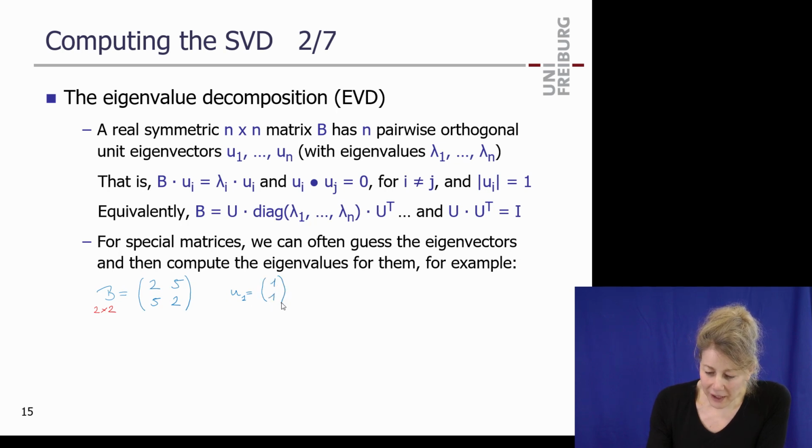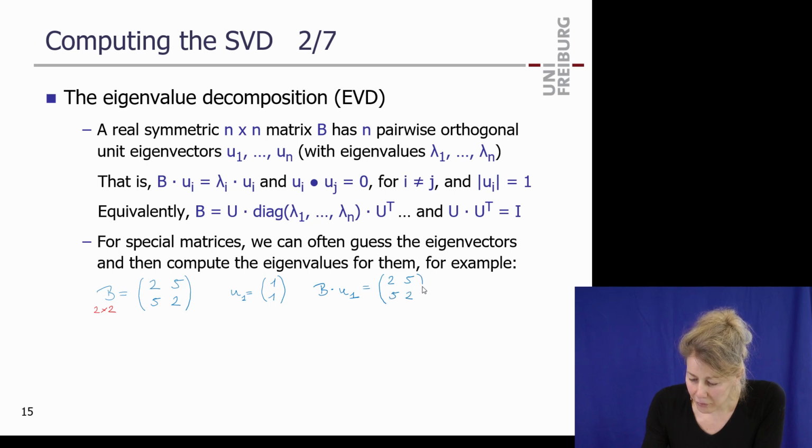Why is that an eigenvector? The definition is written above: you multiply the matrix with the vector, B times u1. Let's write it down in full: (2, 5; 5, 2) times (1, 1). What's the result? 7, 7, exactly.